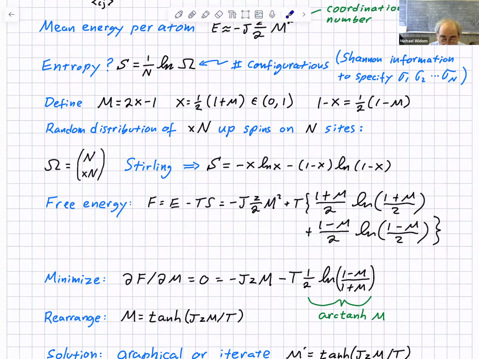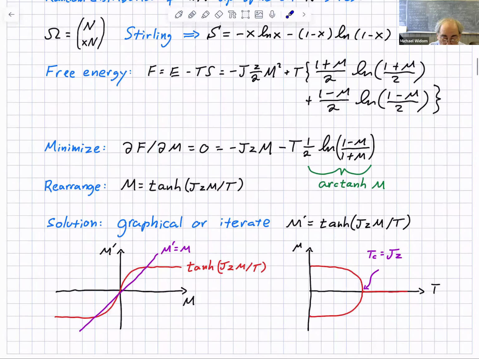Okay, so how do we solve this self-consistent condition? The way that we do it in the undergraduate class is a graphical approach. So we make a graph of the left-hand side of the equation, which is the equation m prime equals m. And then we graph the right-hand side of the equation. So here's this hyperbolic tangent.